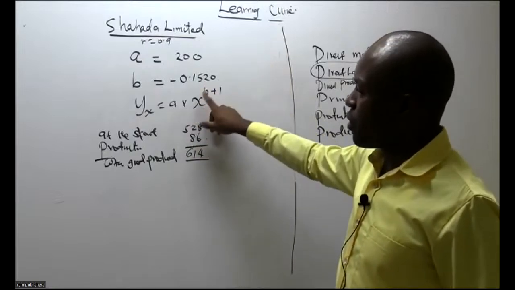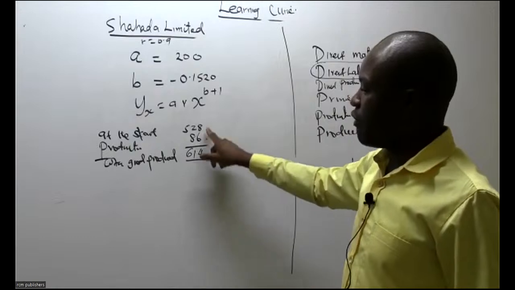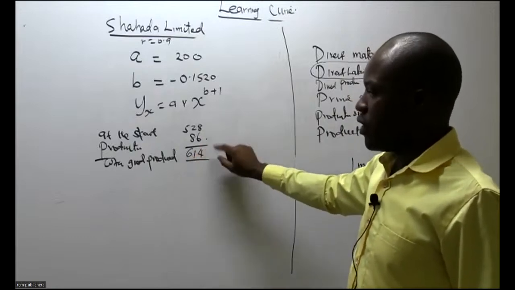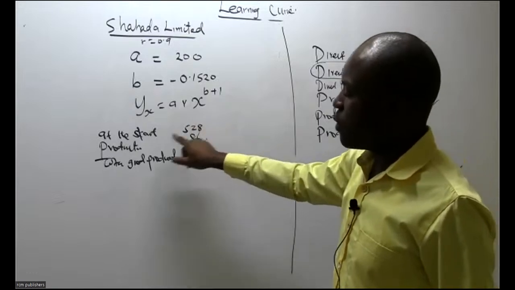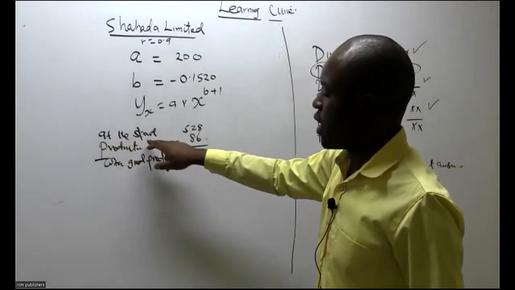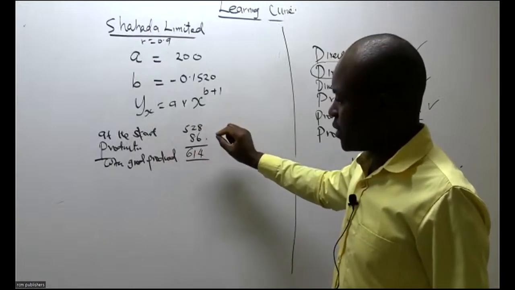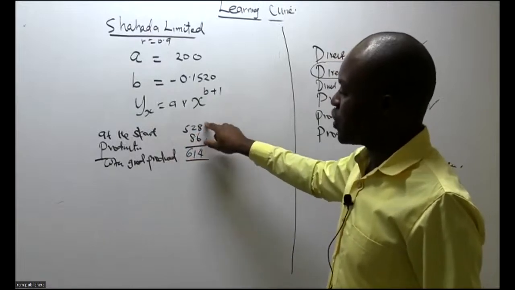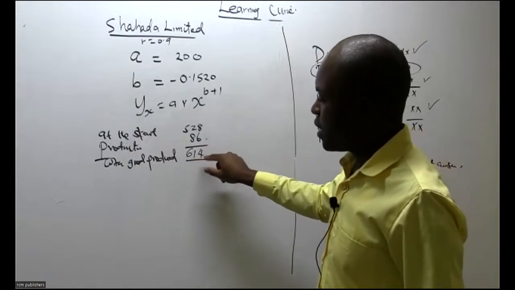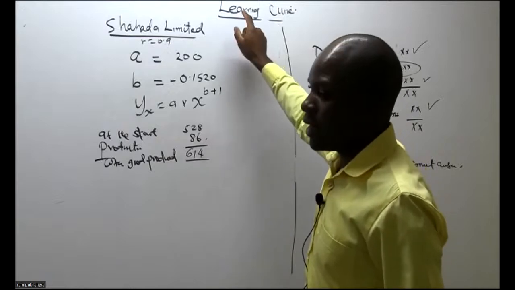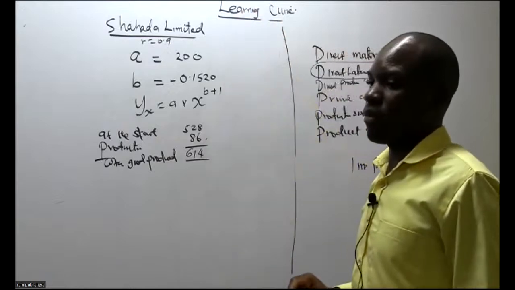So this particular product, these same people have managed to produce a total of 614 units. This 528 was produced at the start. They already produced 528. During that same period, they produced 86. So in total, 614. And all these 614 are operating under learning effect.